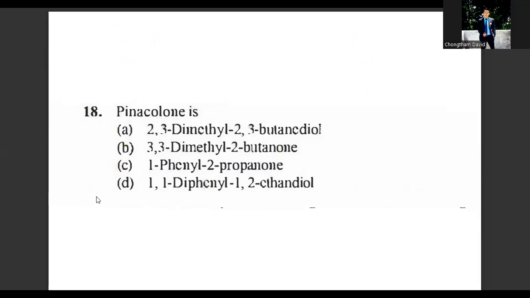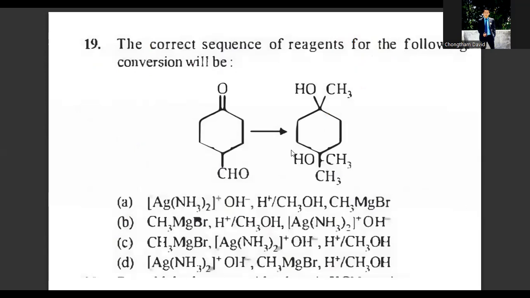Question number 19. Let's see. The correct sequence of reagents for the following conversion will be. You are asked to identify the correct sequence of reagents for forming the product. So what you have to do is convert the compound bearing CHO. When you add Tollens reagent, what is Tollens reagent?